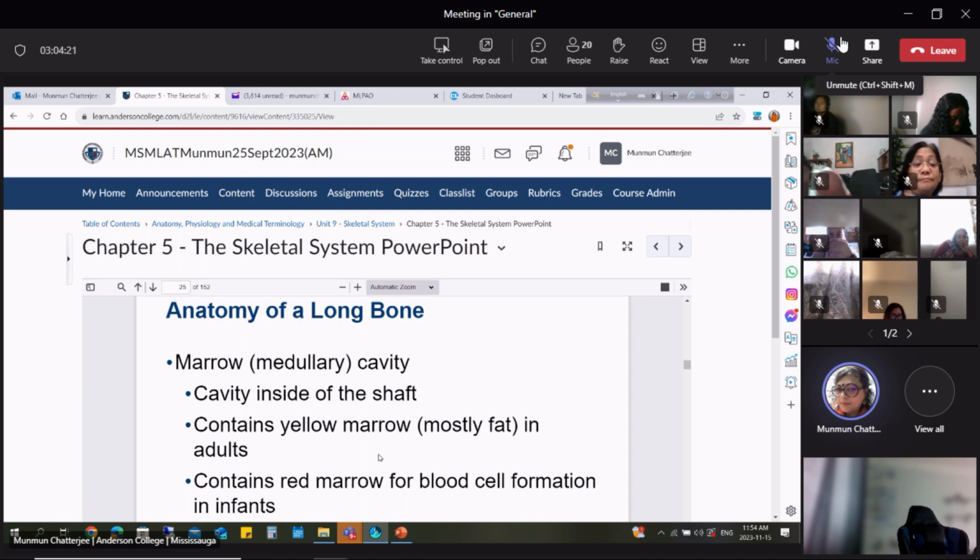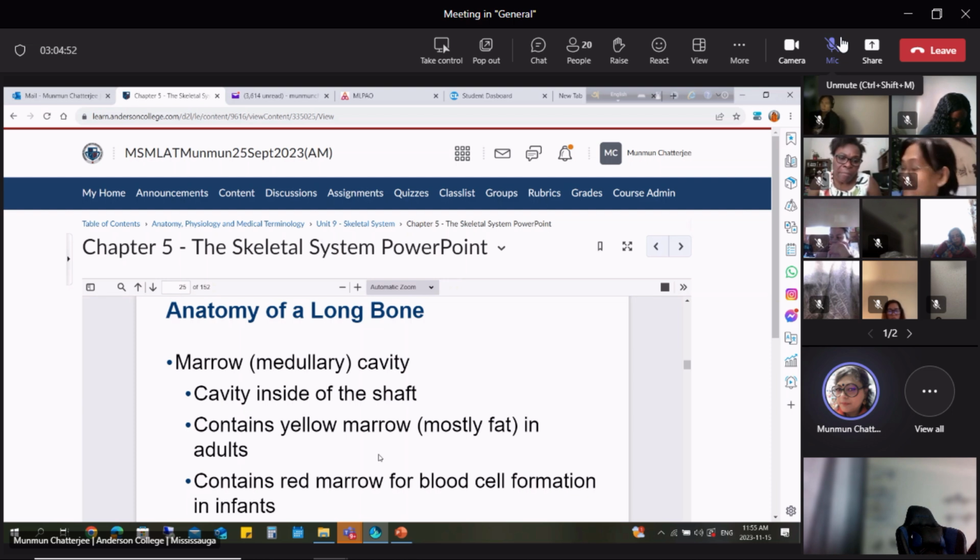Okay, this question will come: fat storage area in the bone. Yellow bone marrow. They may give slightly different options: storage of fats, storage of nutrients, storage of electrolytes. What is going to be the answer? Storage of fat. Okay? Good.